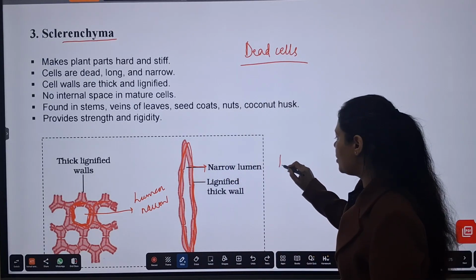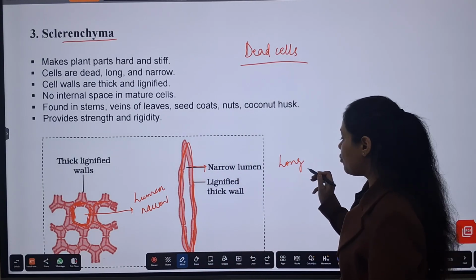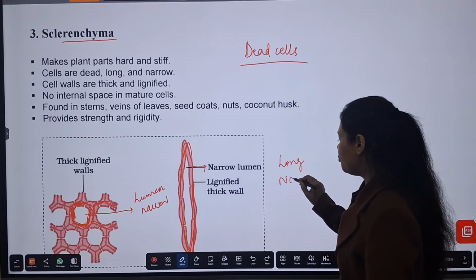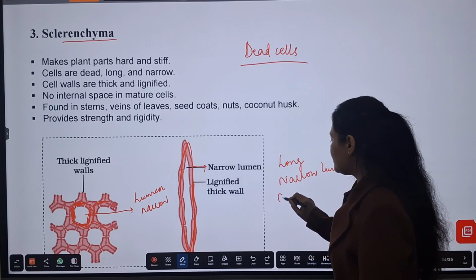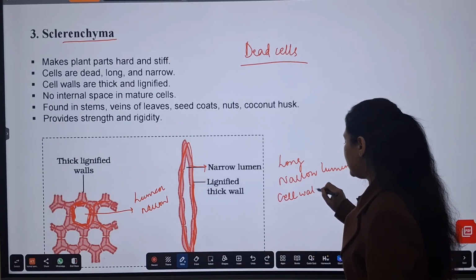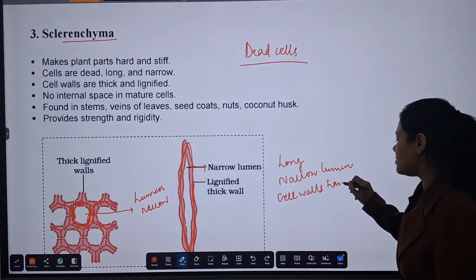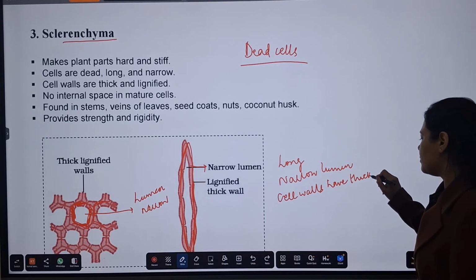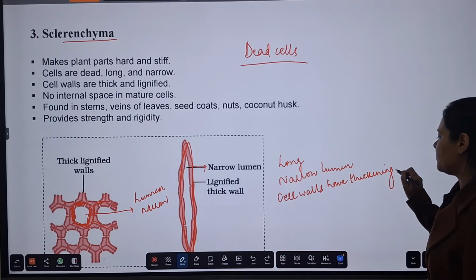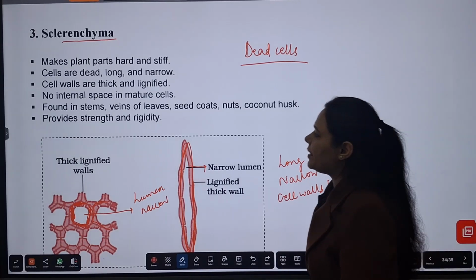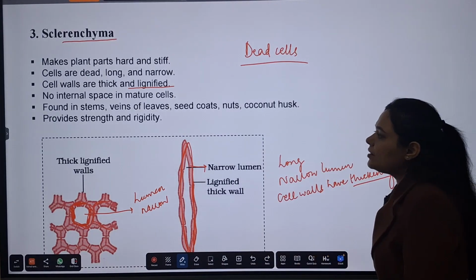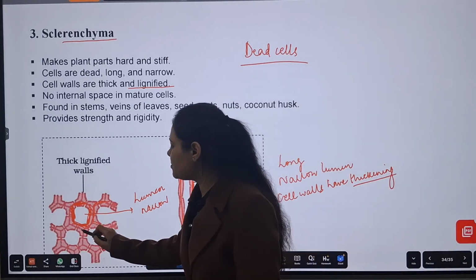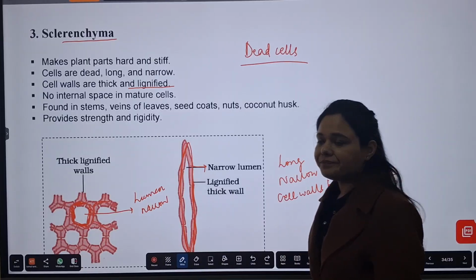So these are long, elongated cells with a narrow lumen, and the cell walls are thickened. They are lignified. They are thick and the cell walls are lignified. There are no intercellular spaces between mature cells.